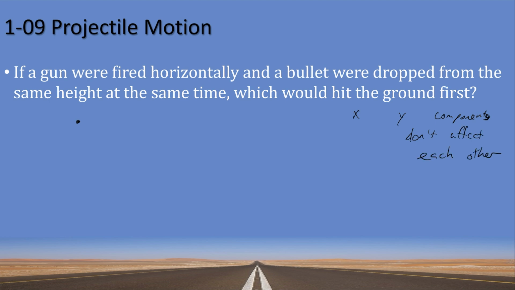So that means that the vertical motion is the same. So even though the bullet's going over, the vertical motion is still the same.